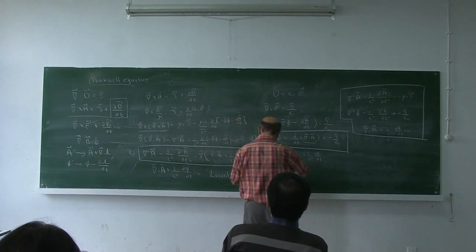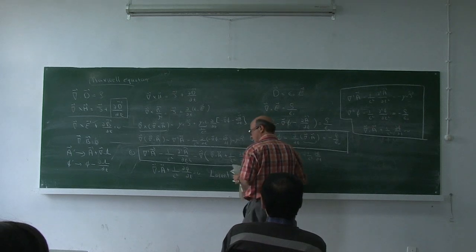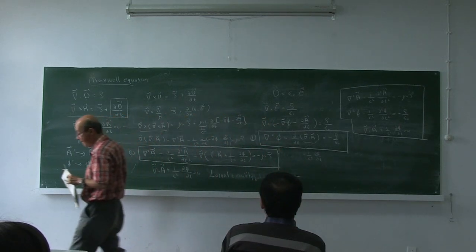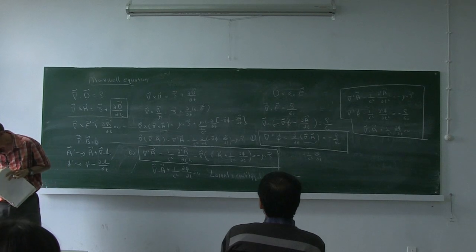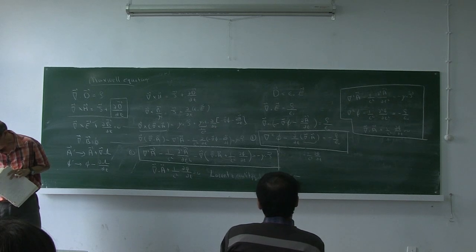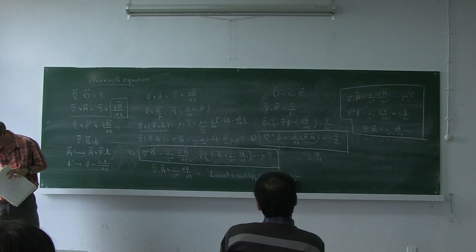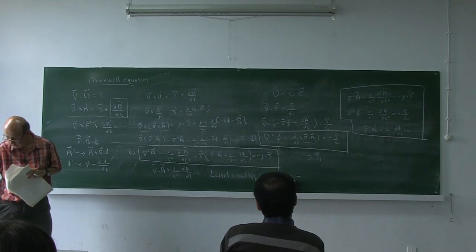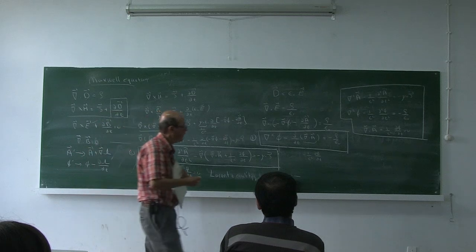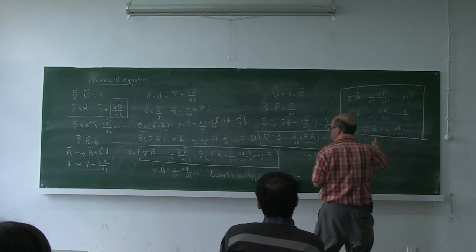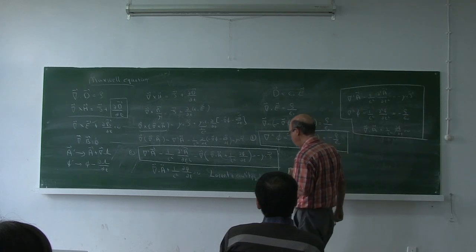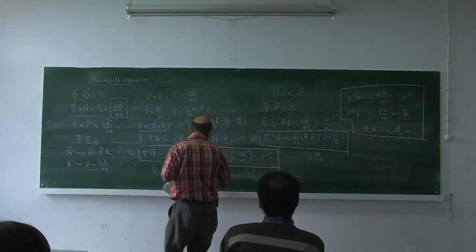So this is the Lorentz condition, and another one will be the Coulomb gauge.